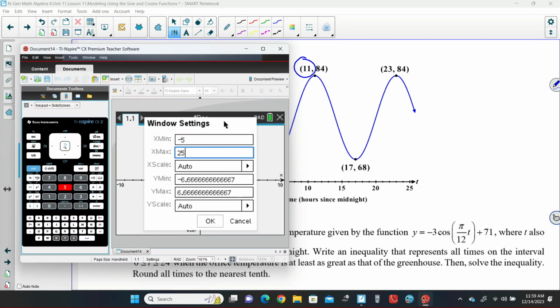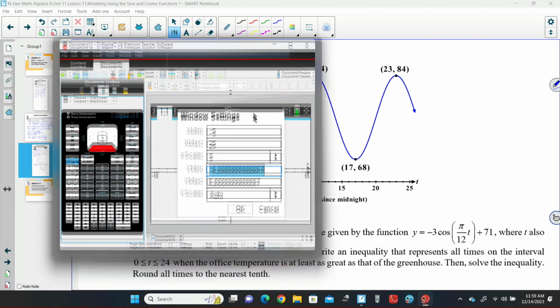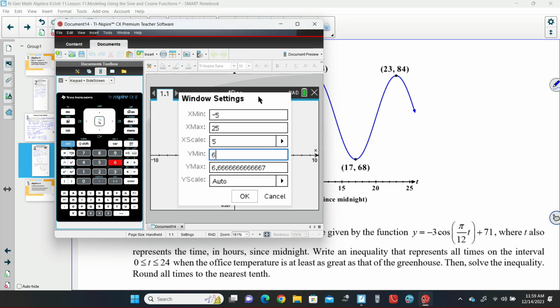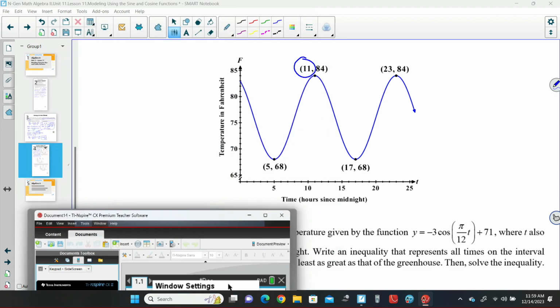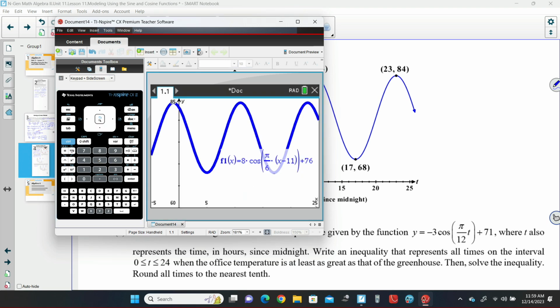Again, the only reason I include negative x values is so that I can see the y-axis. My y's, I think I'm going to have those go from like 60 to 85. What do I want my scale to be? By 5s? Sure. Let's scale it by 5s. And there we've got our curve.